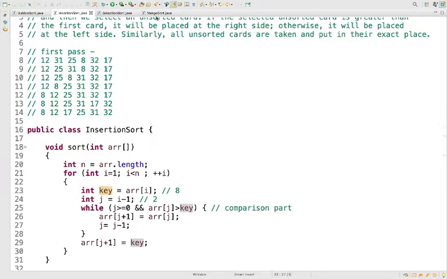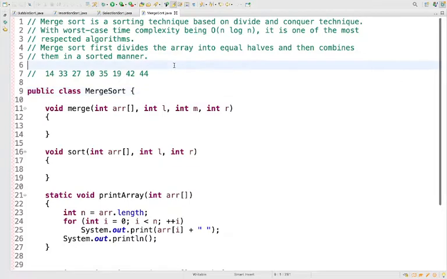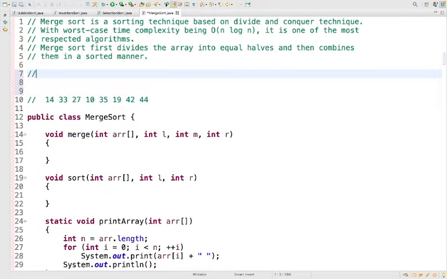Okay, now the last sorting algorithm we're going to see today is merge sort. Merge sort is one of the divide and conquer techniques.